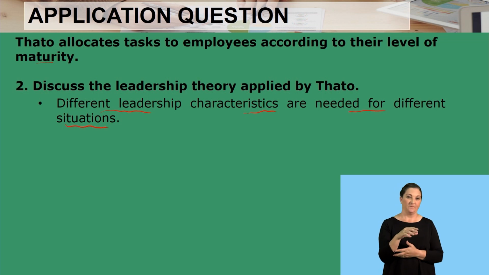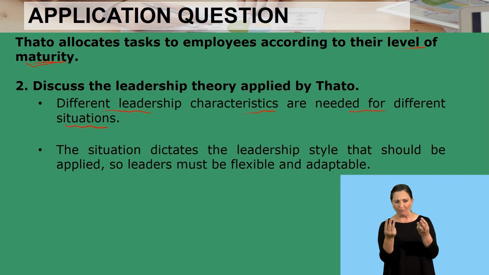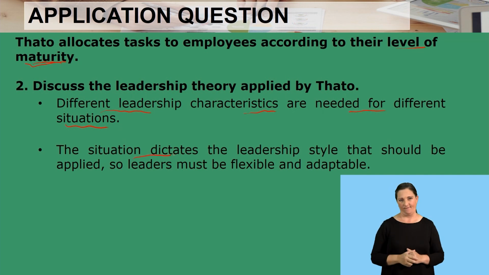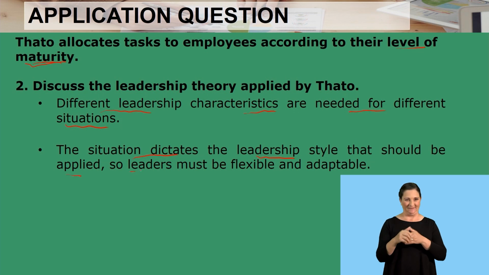So if a task needs someone who is more matured, therefore TATO should assess the level of maturity of their employees. Then number 2, the situation dictates the leadership style that should be applied. So the leader must be flexible and adaptable.